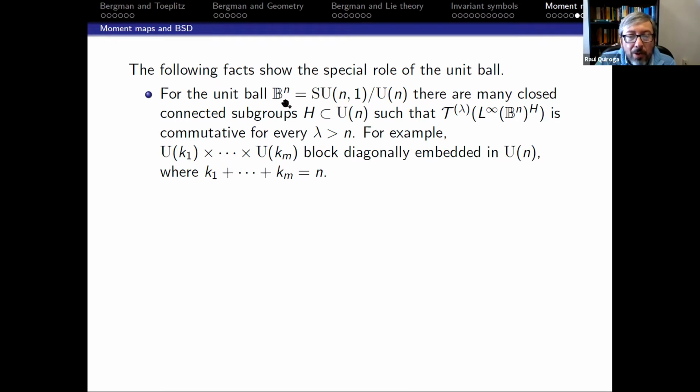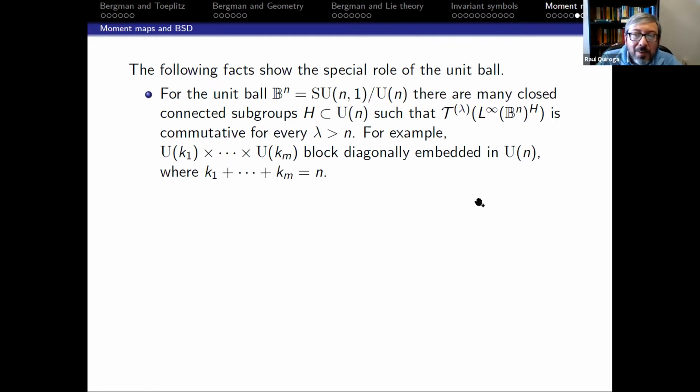For the unit ball, you have this expression, UN are the biholomorphisms that fix the origin. There are many closed connected subgroups so that this is commutative: the C-star algebra generated by Toeplitz operators with H invariant symbols. For example, quasi-radial symbols given by subgroups embedded in UN.